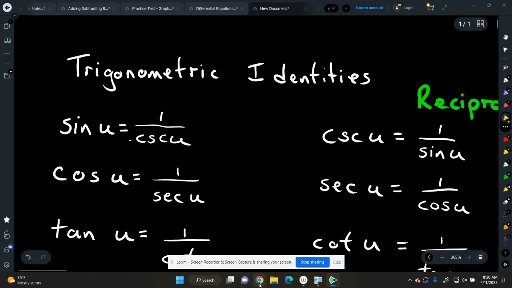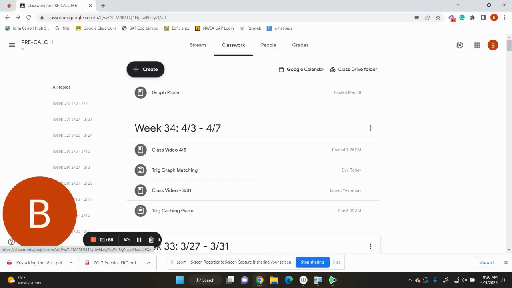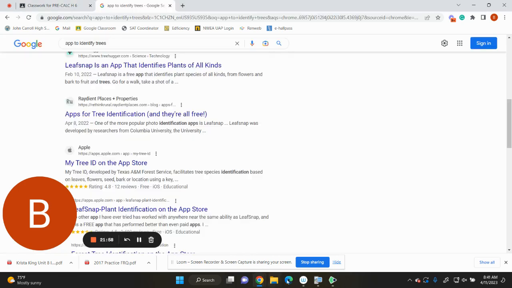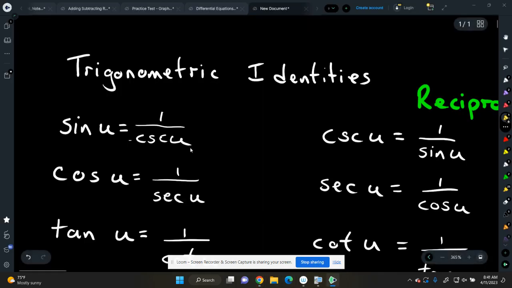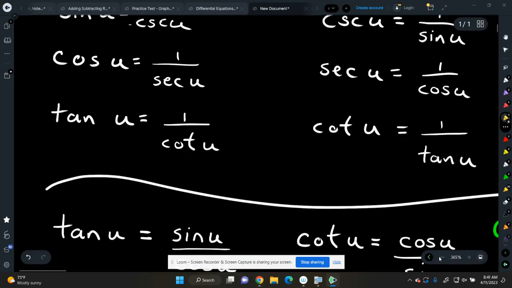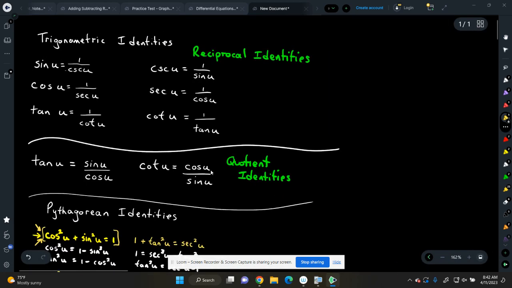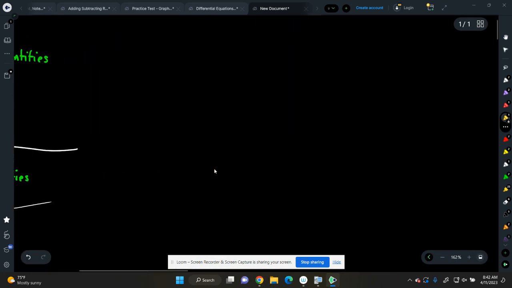Okay, so we are going to use these identities to simplify trigonometric expressions and ultimately to help us when we solve equations.